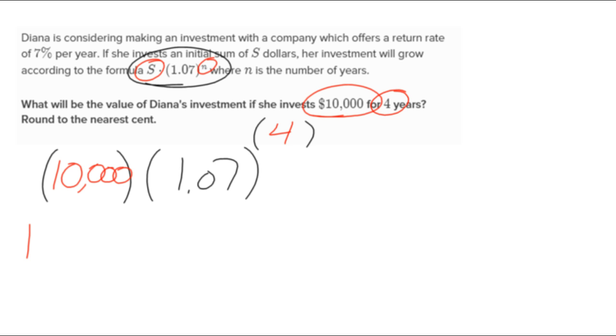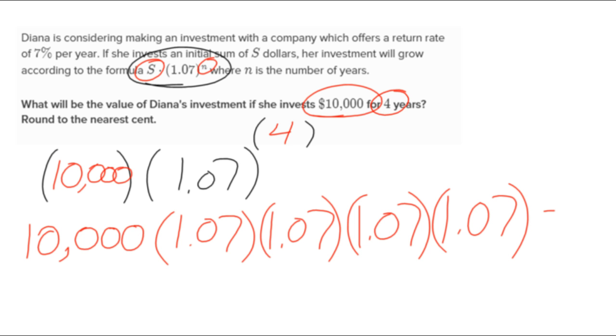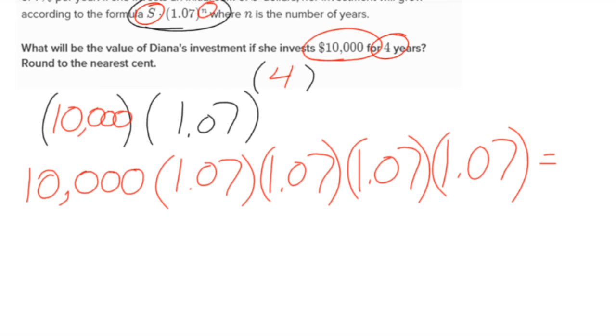So you're going to multiply 10,000 times 1.07 times 1.07 times 1.07 times 1.07. You're probably going to have to use a calculator. Me, on the other hand, I'm going to multiply this in my head. So when we multiply it in our head, we get an answer of 13. Let me see here.